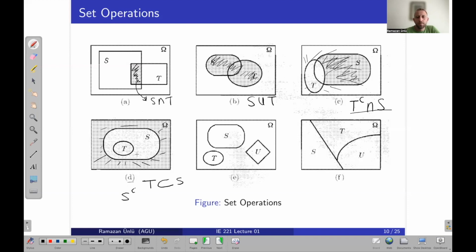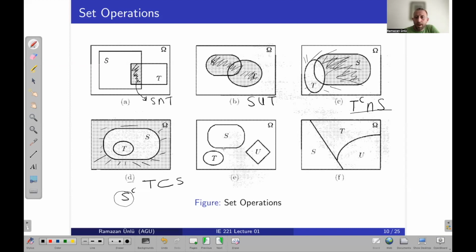Again, the complement is the members not in S. So this region.